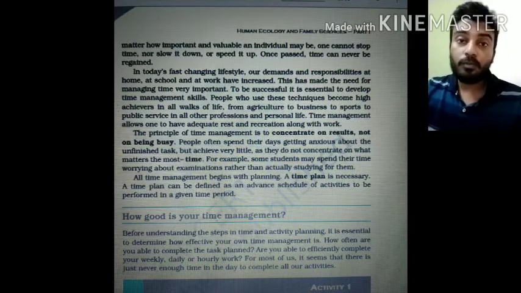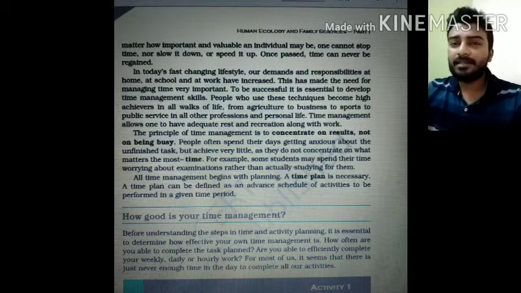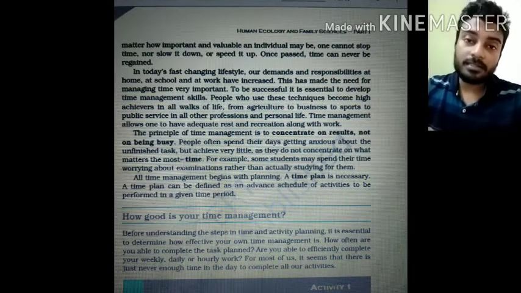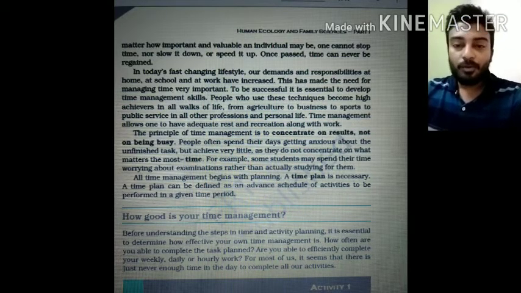So what we do, we become anxious, we become scared: what will happen, am I going to get a good result, am I going to achieve good marks in this subject, my overall result will suffer because of this. We think of these things rather than studying. So actually we don't utilize that time.